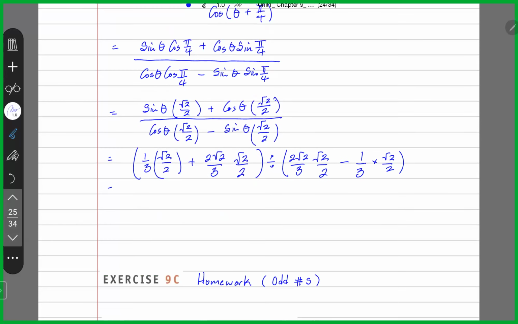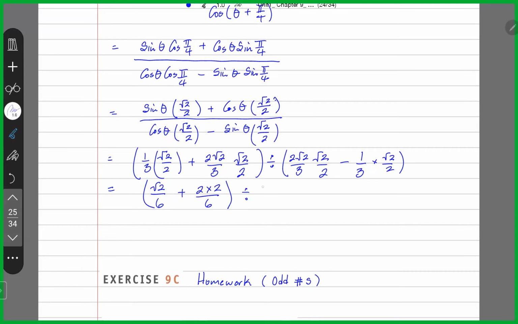So what we have here is root 2 over 6 plus 2 times 2 over 6, because root 2 times root 2 is 2, and then you have 2 times 2 over 6.